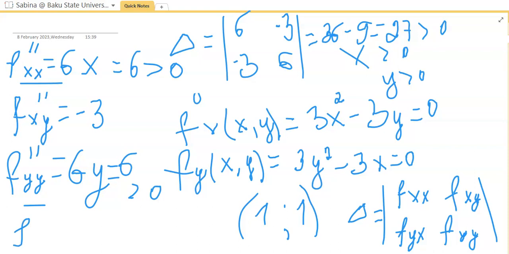Then f minimum is equal to, our first function was f is equal to x cubed plus y cubed minus 3xy.